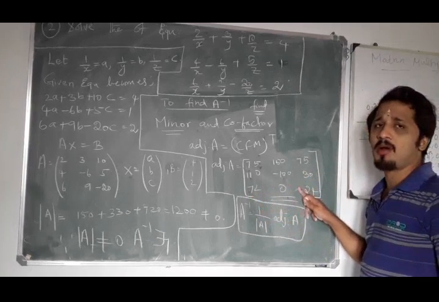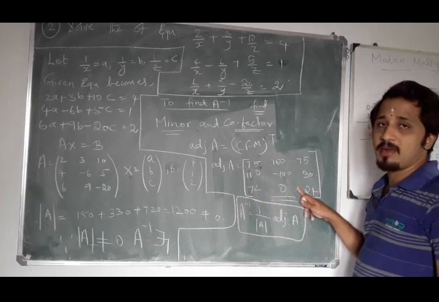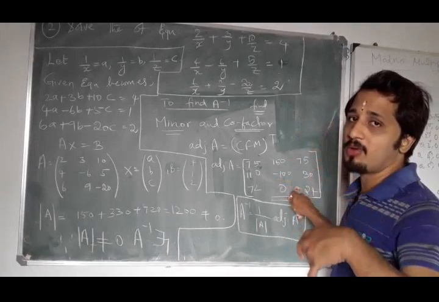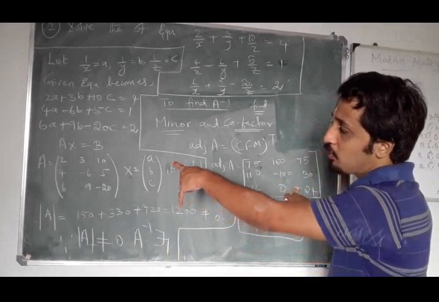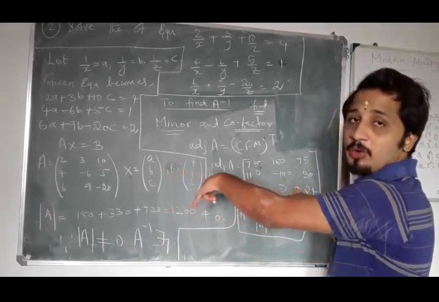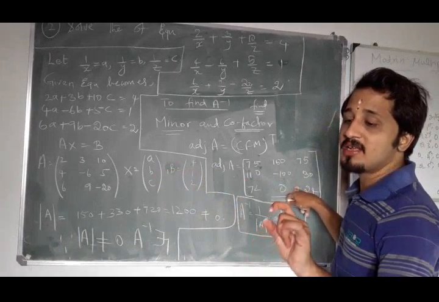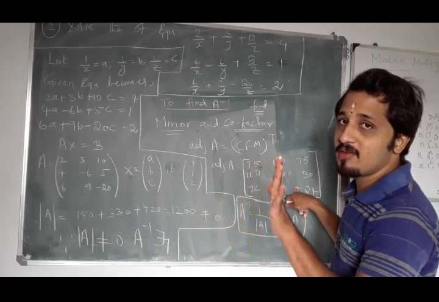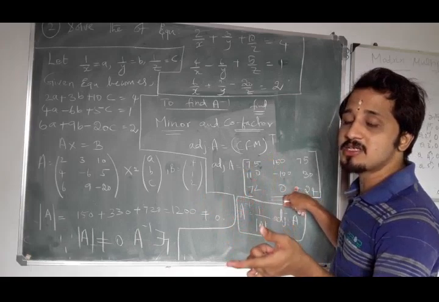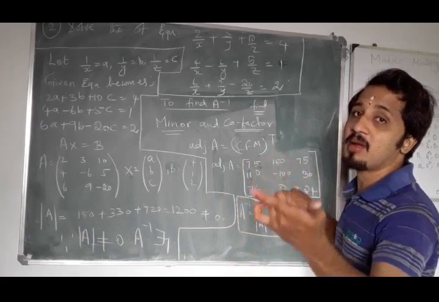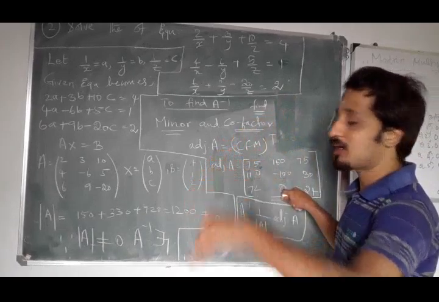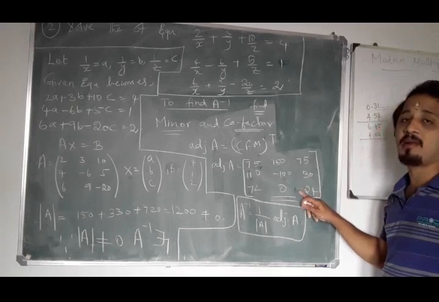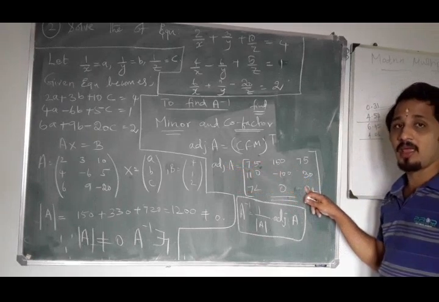Just try this problem, how to find adjoint and cofactor matrix. That means minors M11, M12, M13, M21, M22, M23, M31, M32, M33. According to that, if the position is even, the minor will be the same as the cofactor. If it is odd, you have to multiply the minor by minus to get the cofactor element. Is it clear? So this is nothing but the cofactor matrix.